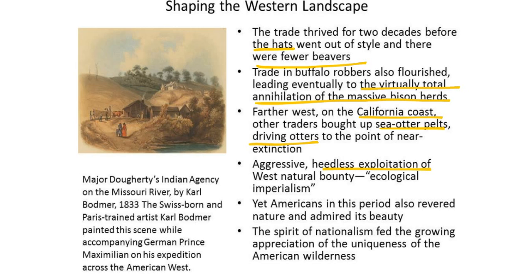Aggressive, heedless exploitation of the West's natural bounty was called ecological imperialism. Yet Americans in this period also revered nature and admired its beauty. The spirit of nationalism fed the growing appreciation of the uniqueness of the American wilderness.